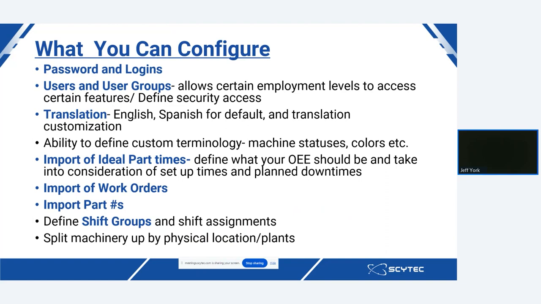One of the other things that you can do inside of the configuring portion of the desktop version of DataXchange is import ideal part times by defining what your OEE should be and taking into consideration what setup times and planned downtime should be, so that this does not negatively affect what your utilization percentage actually is. You can also do some import of work orders, as well as import of part numbers, as well as defining shift groups and shift assignments. And you can also split up machinery by physical location or plants.